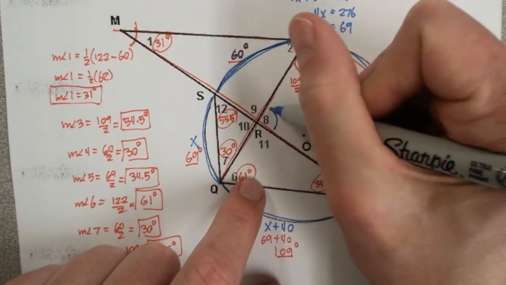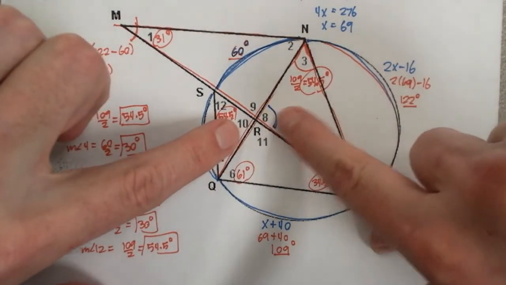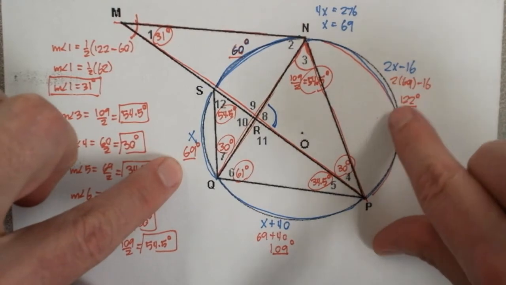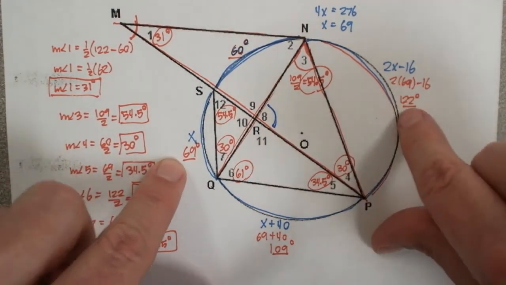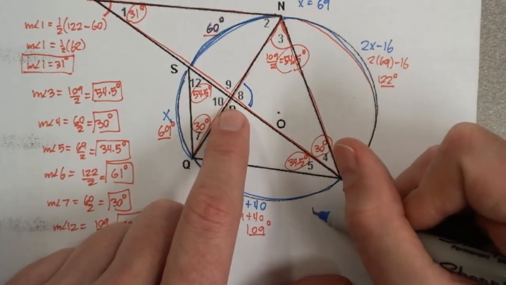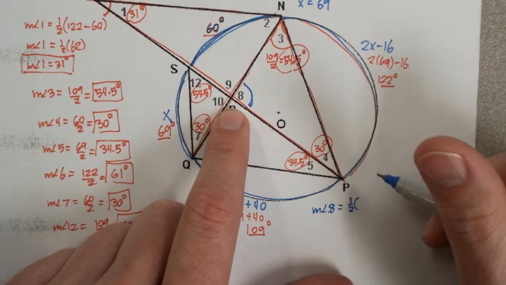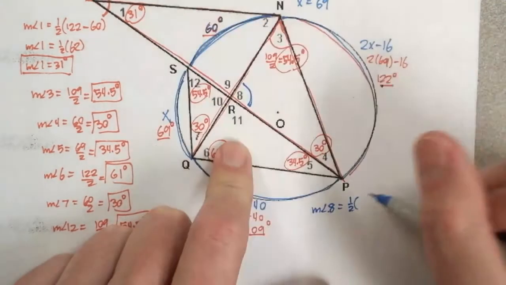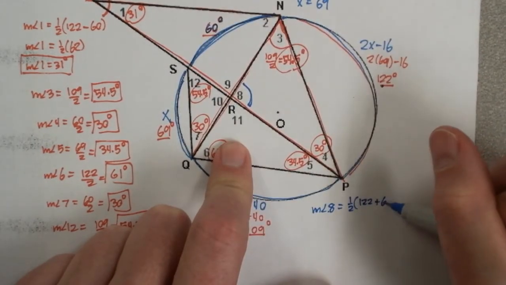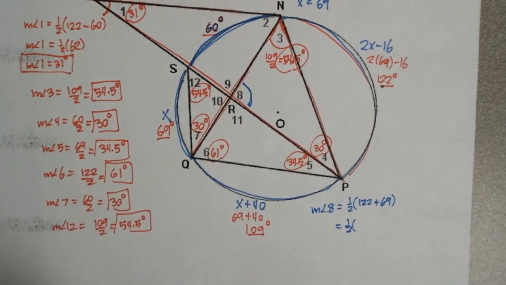So if I look at angle 8, I know the two arcs that these interior angles intercept, 69 and 122. I can add those together and divide by 2. So the measure of angle 8 is 1/2 arc plus arc, 122 plus 69. And 122 plus 69 is 191.